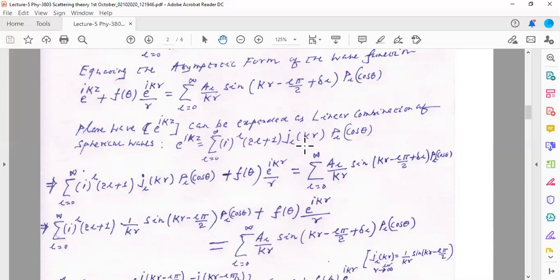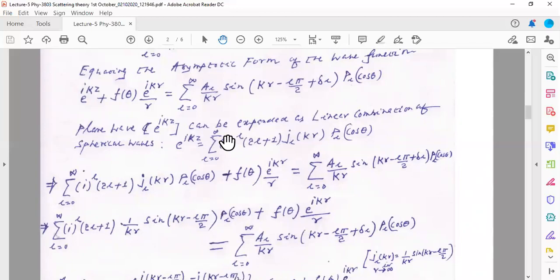The wave corresponding to l equal to 0 is known as the S wave, and l equal to 1 is a P wave. So you have a linear combination of many spherical waves, each treated as a partial wave, and that's why this is partial wave analysis.